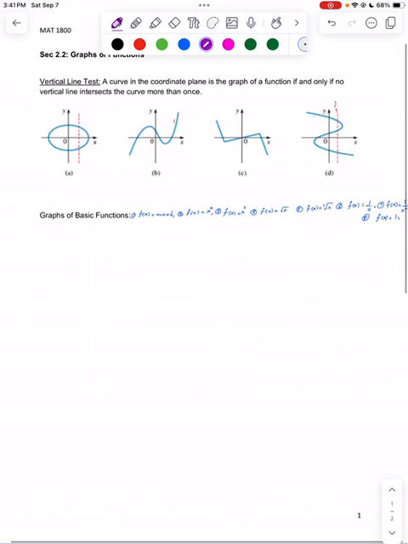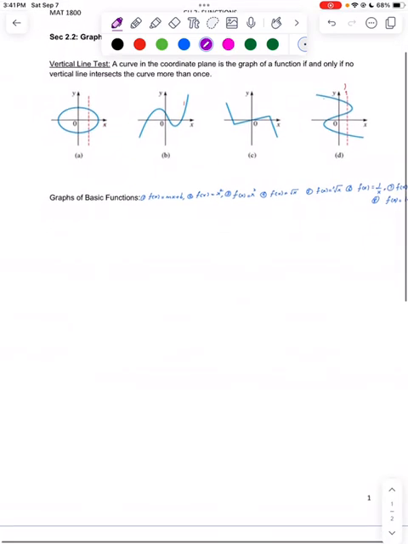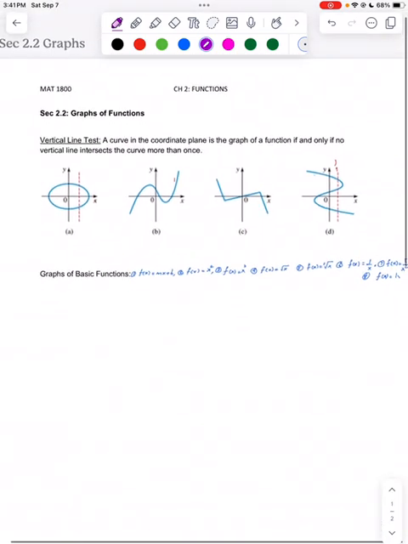And I mentioned the vertical line test. The vertical line test is a key to check whether the graph represents a function or not. So what does the vertical line test say?